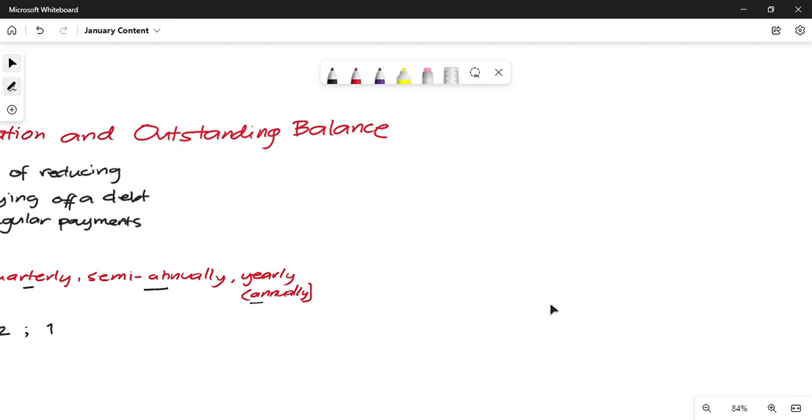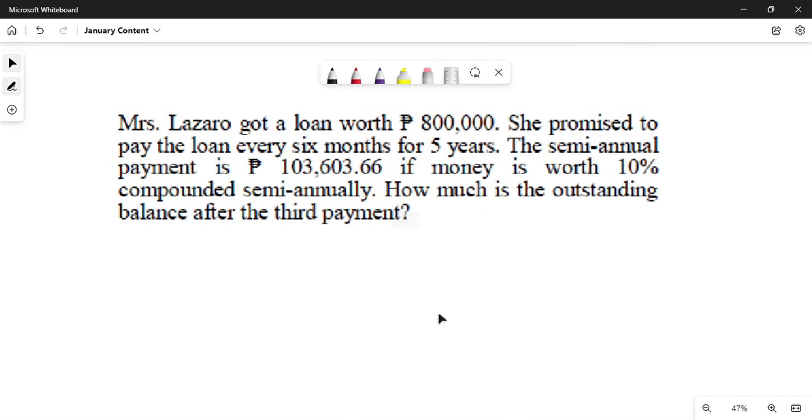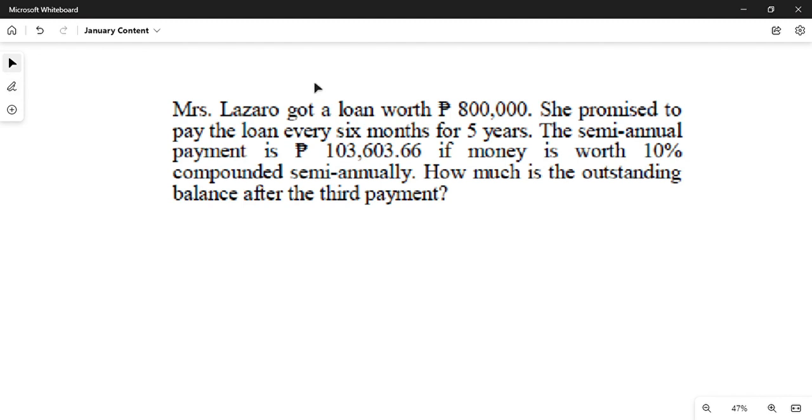So, let me just copy and paste the problem here. So this is the problem. Now we have Mrs. Lazaro who got a loan of 800,000 pesos.